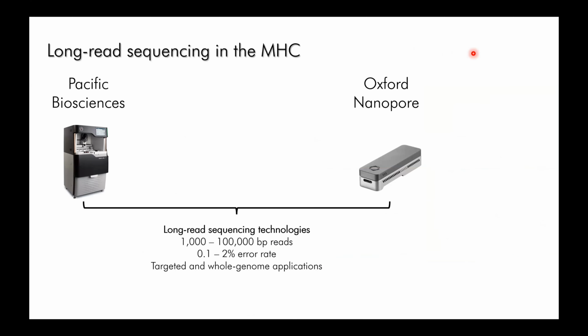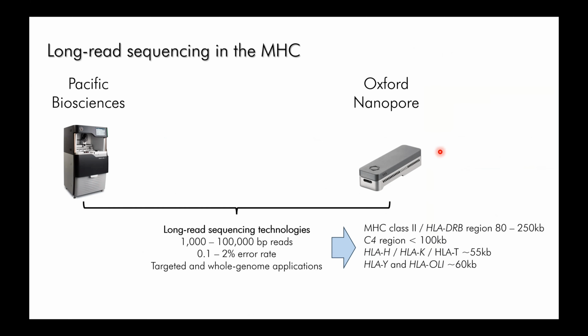Now, on to the second part of the talk, long read sequencing specifically in the MHC. So in the introduction, we already introduced the two relevant long read technologies, PacBio and Oxford Nanopore. And so you may wonder, how may these help specifically in the MHC?